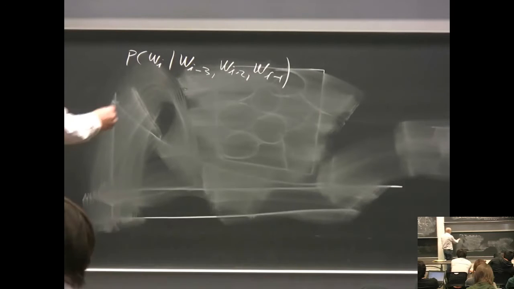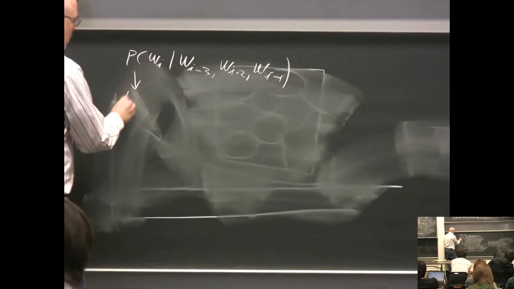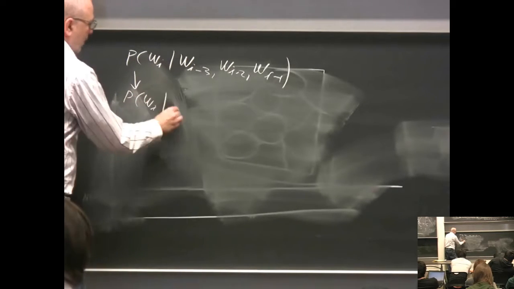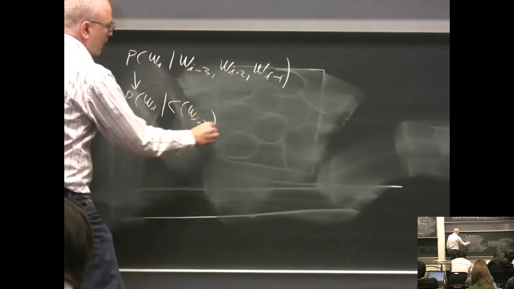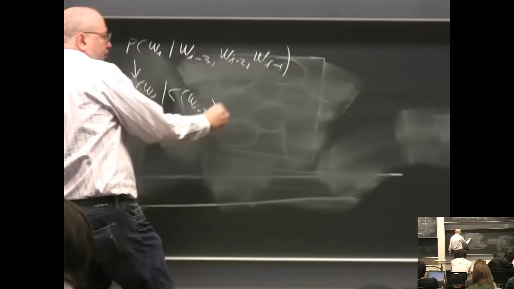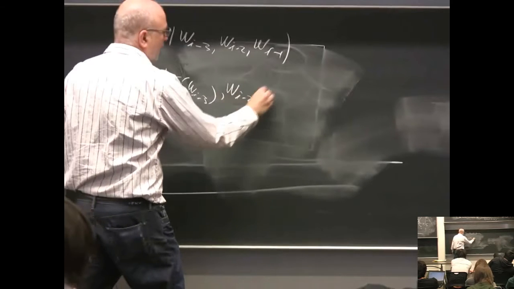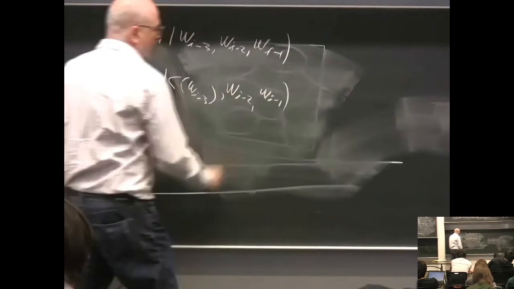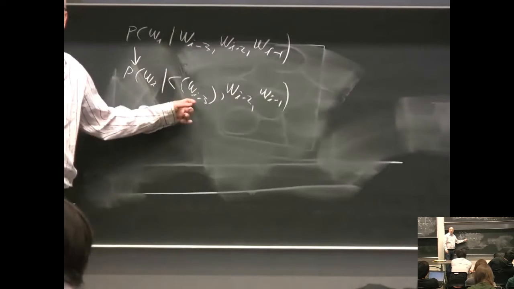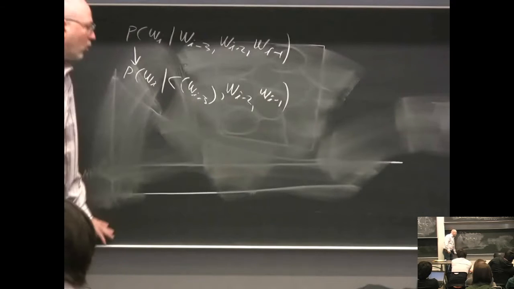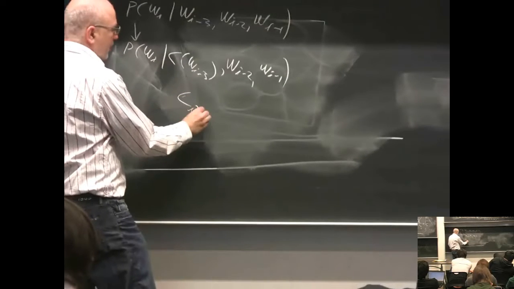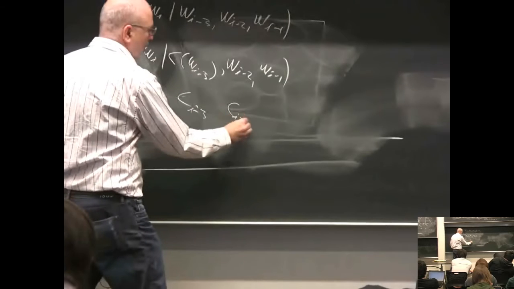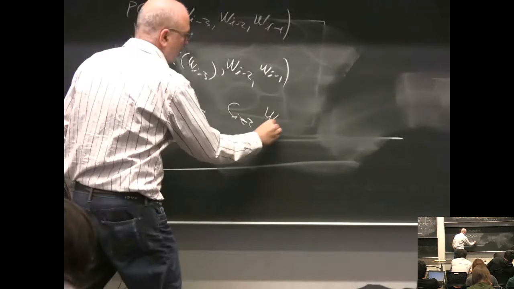But I can change this to the probability of w_i given the class of word i minus 3, and here word i minus 2, word i minus 1. So I only clustered the very furthest word in the history. Or I can cluster both this one, i minus 3, and this one, i minus 2, but not this one.